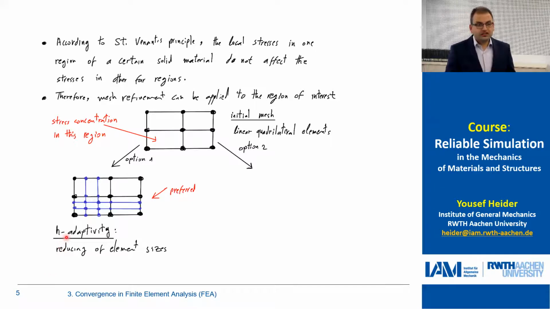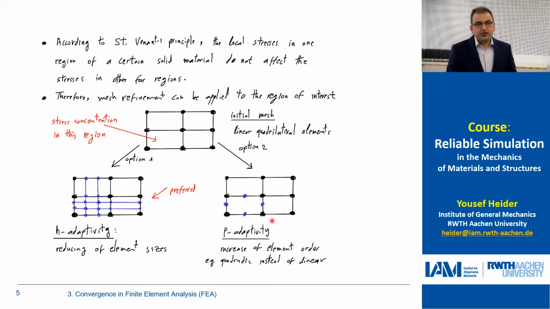This is called adaptivity if it's automated, but you can do it also by hand. In this case, we are reducing the element size, in other words, increasing the number of elements, because the domain is already predefined. This is the preferred way of overcoming this challenge of stress concentration.